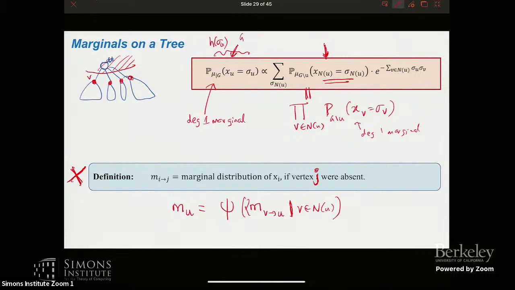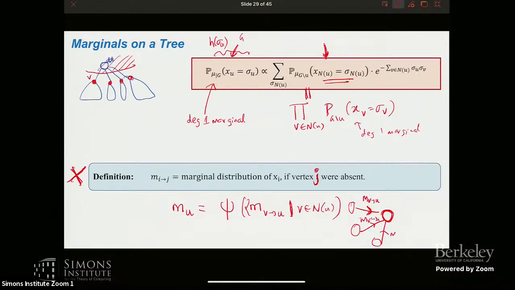So that's it. Basically, in a tree, we have this nice recursion, and you have a dynamic programming type algorithm. It also has this nice form where for every vertex you have, on the edges, these marginals which every other neighbor sends to it: m_{v→u}, m_{v'→u}.